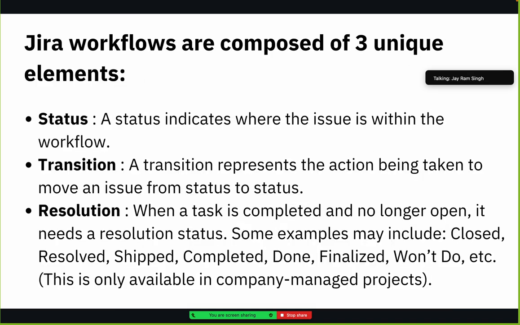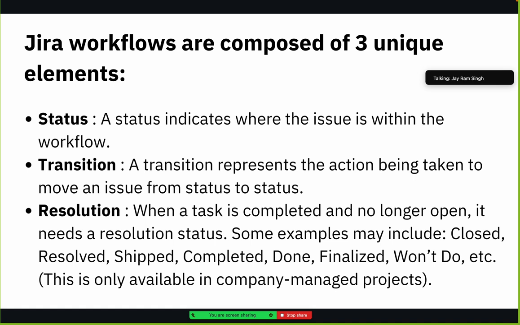So the JIRA workflow is composed of three unique elements: status, transition, and resolution. Status means where the issue is, either in to do, in progress, or done, right? And transition is changing from one status to another status.